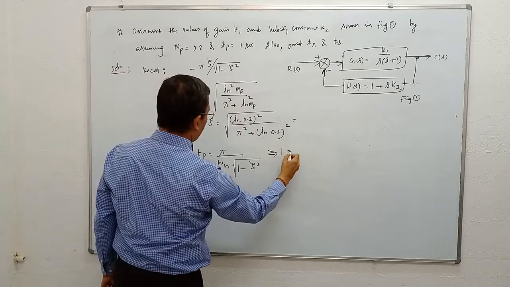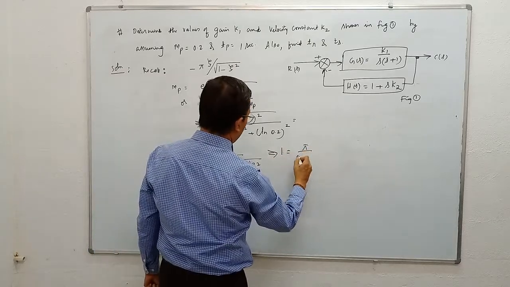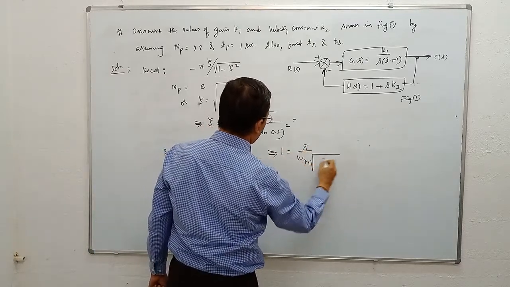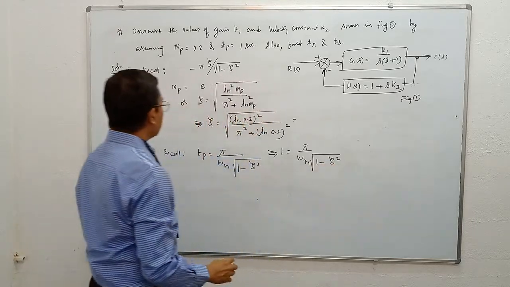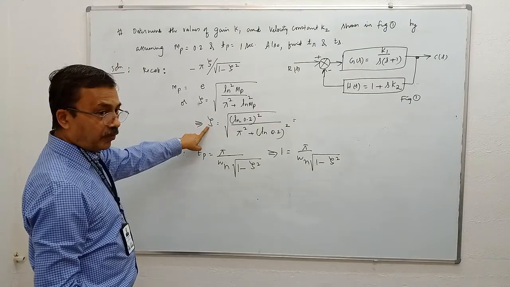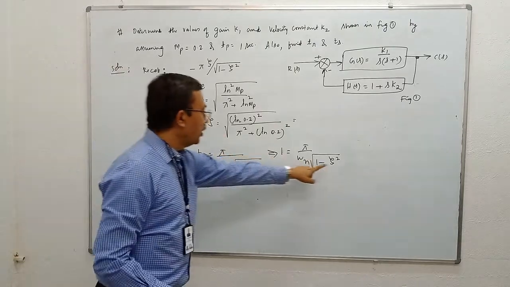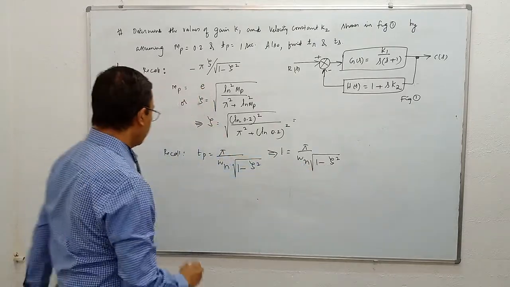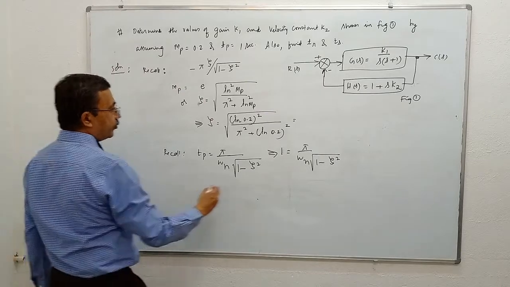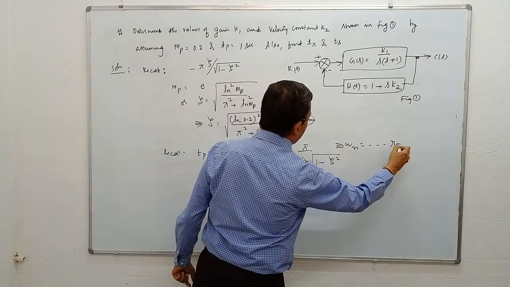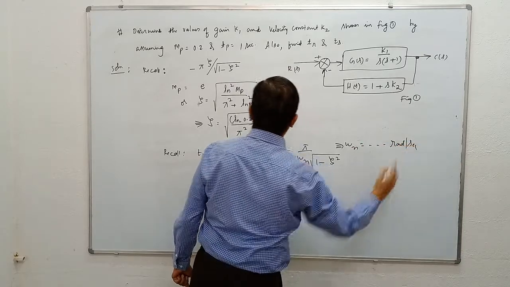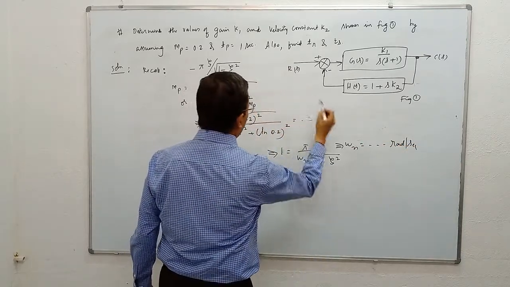This implies 1 is equal to pi divided by omega n into square root of 1 minus zeta square. Now since zeta is known to you, you can find omega n. Correct? This implies omega n is equal to, you find. Zeta is dimensionless.